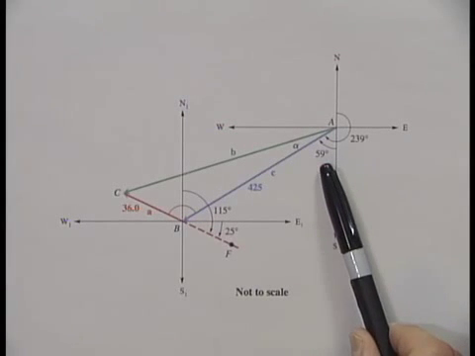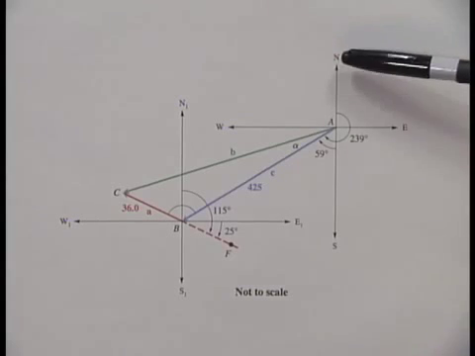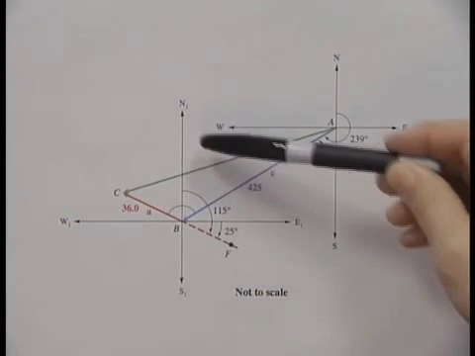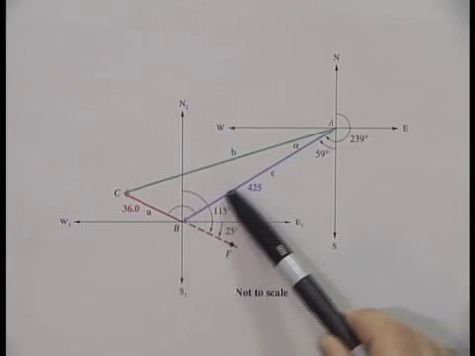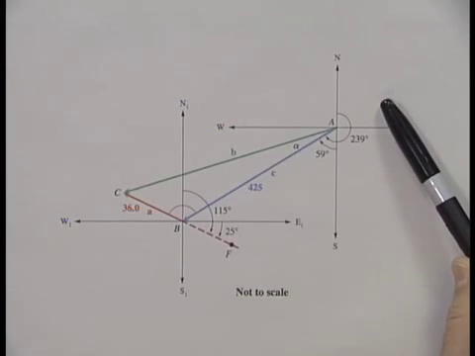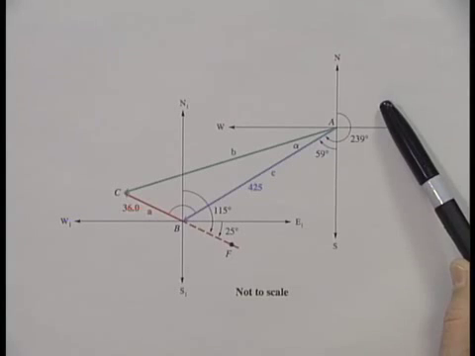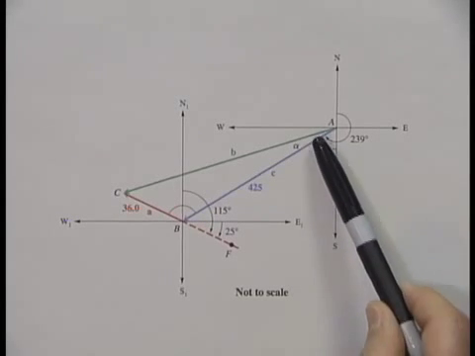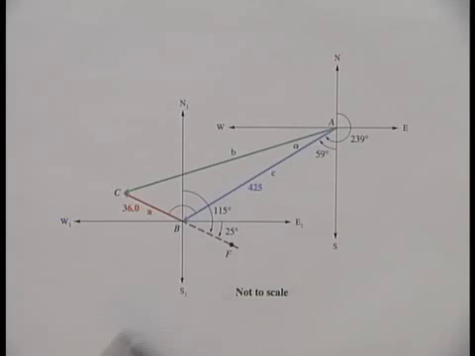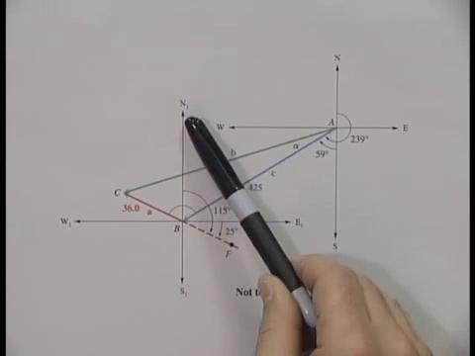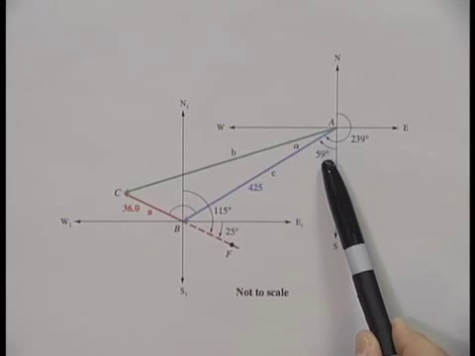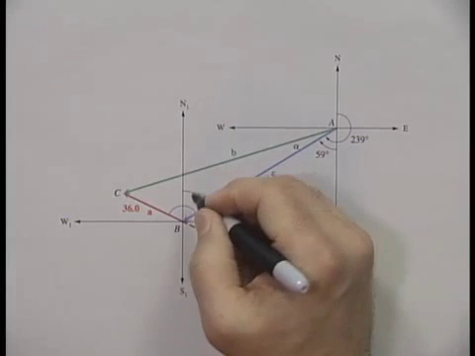The reason that's of interest to us is, notice that we have two north-south lines, which means they are parallel, being cut by this vector C, so that's the transversal, and therefore alternating interior angles are equal. More specifically, that means angle ABN sub 1 is going to be equal to 59 degrees.